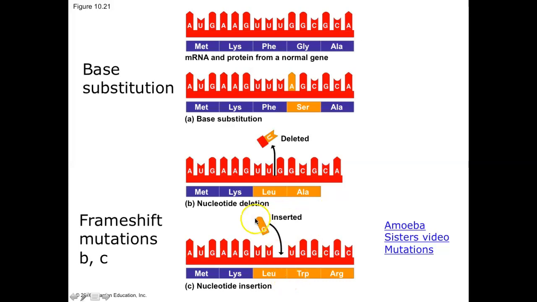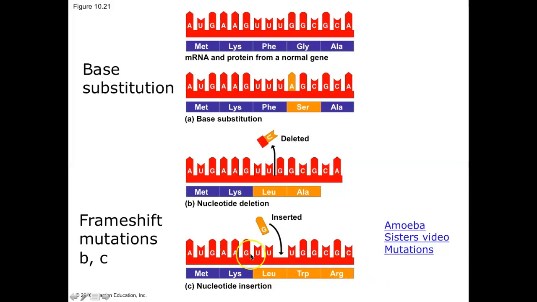And then if you randomly put in a nucleotide, then it's going to have the same effect. You're going to shift the reading frame. So you're going to have leucine, then tryptophan, then arginine. Every single codon from the point on is going to be altered.